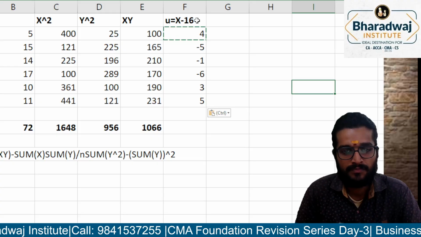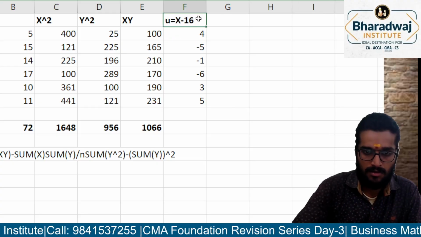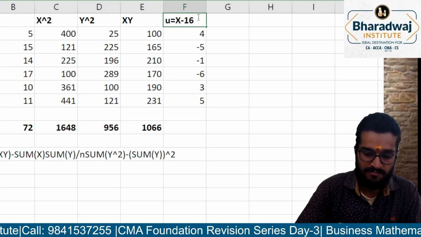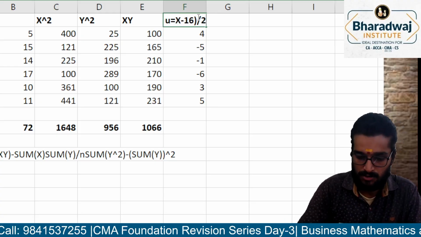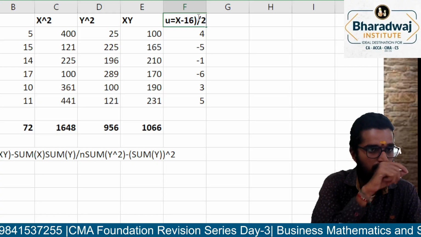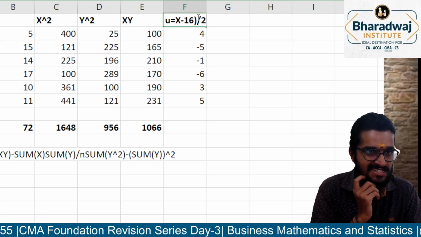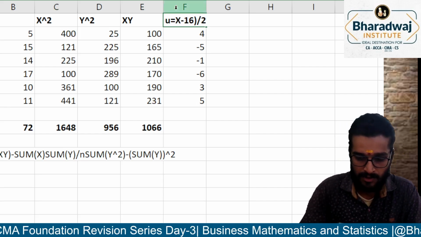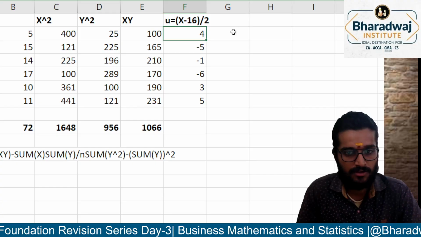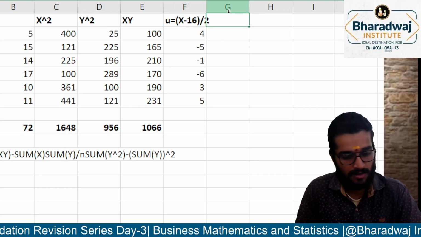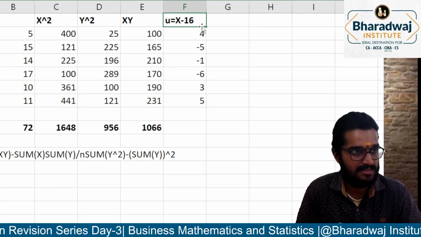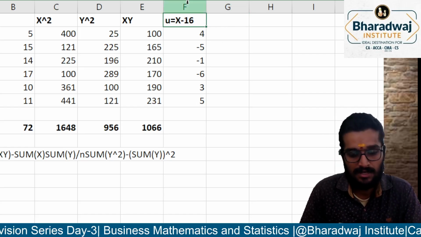Now I'm just dividing the number by 2 in order to let you know the effect of change in scale. Okay, let it be something like this.